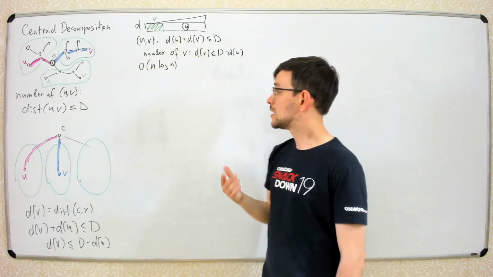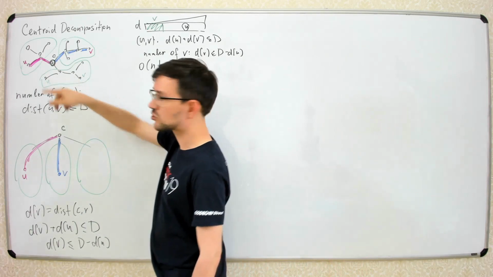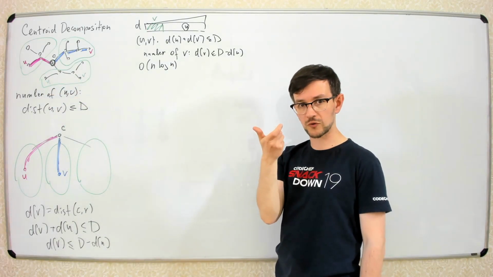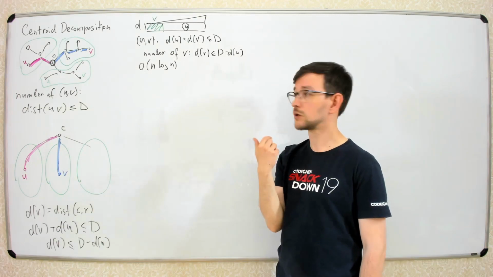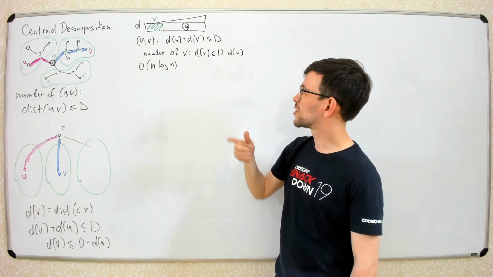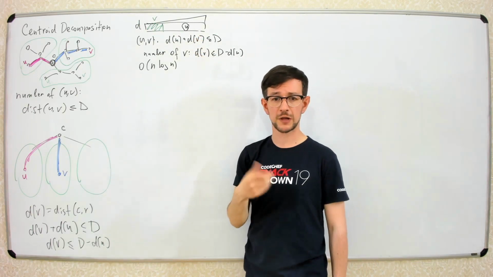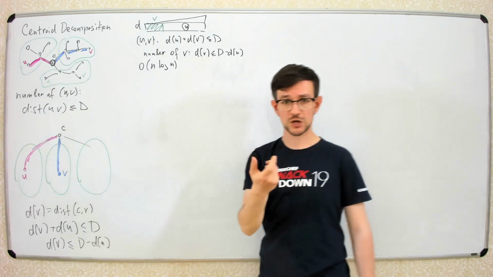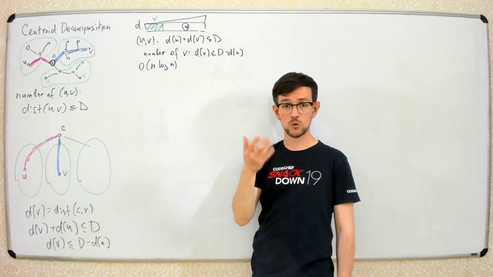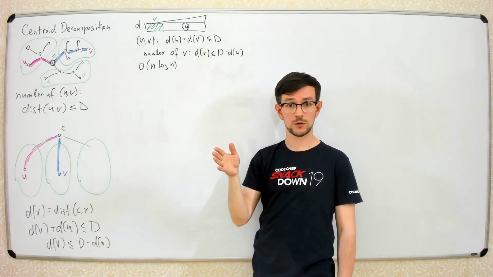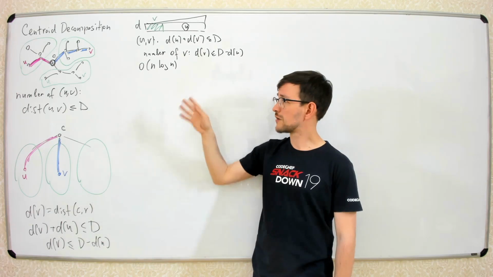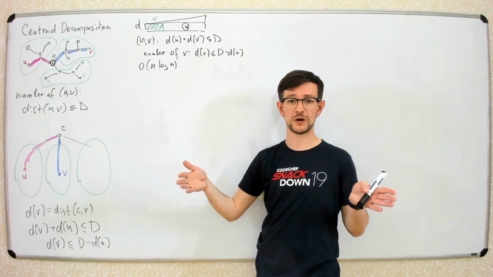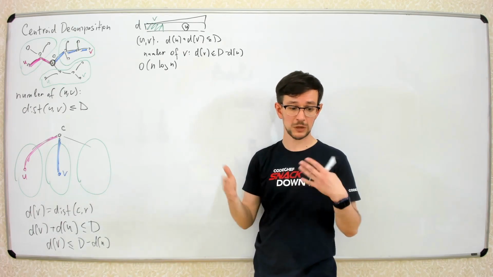But if this tree is not weighted, so if all weights of edges are equal, then you can sort it using counting sort. If the weights of your edges are all equal to 1, then you can use a linear time algorithm. If you have different weights on edges, then you need to sort this array and spend n log n time.